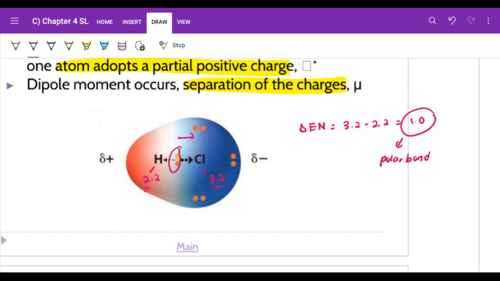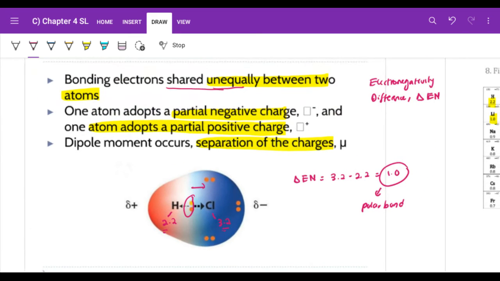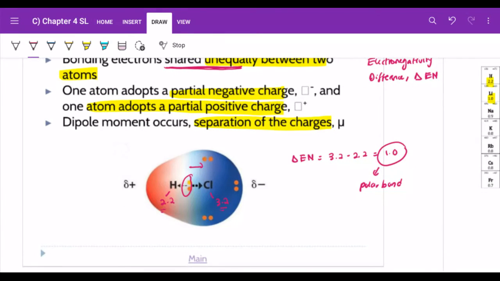This pair of electrons is attracted more towards chlorine than hydrogen. That is why we call it shared unequally.